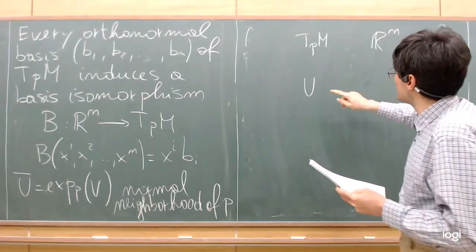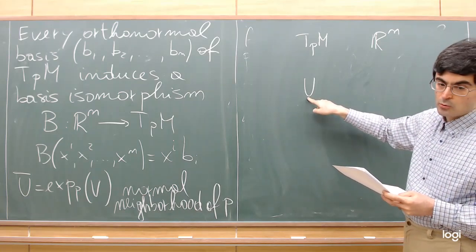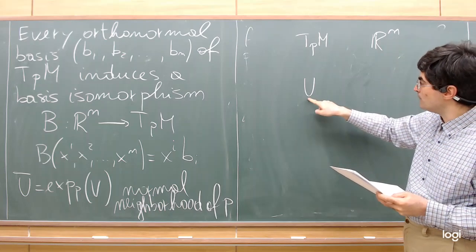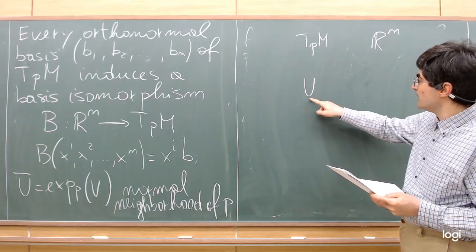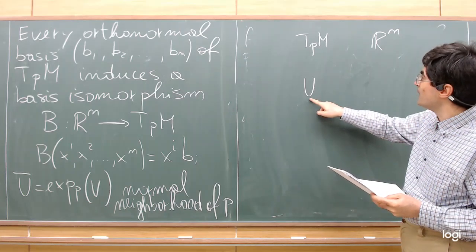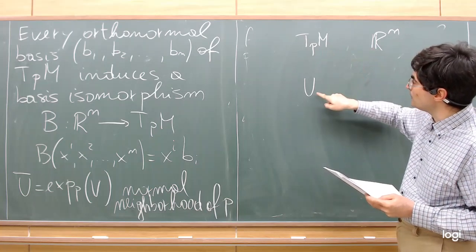We want to construct some coordinates on U. So we need a map from U to Rn. The idea is that we combine a map from TPM to Rn with a map from U to TPM.